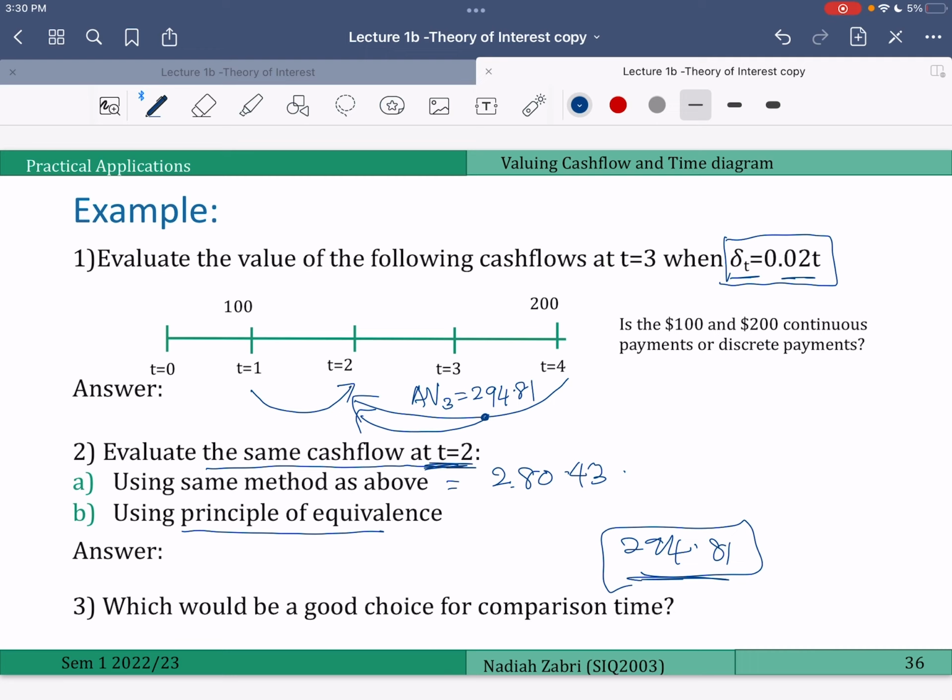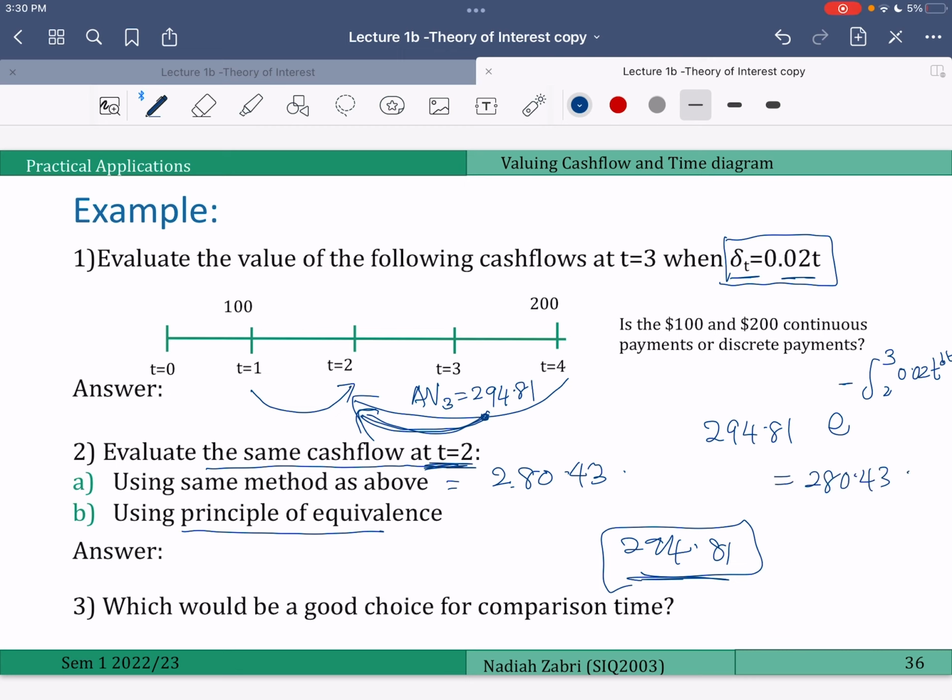So you take 294.81 and discount it 1 year. How do you discount it 1 year? e to the power of negative integral between 2 and 3 of 0.02 t dt. So you will get 280.43.